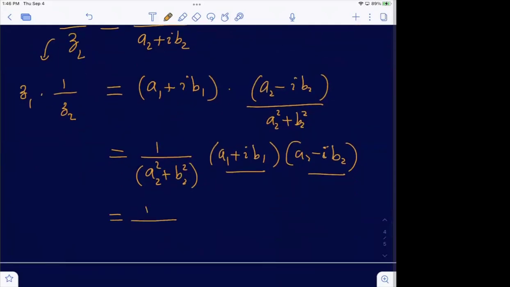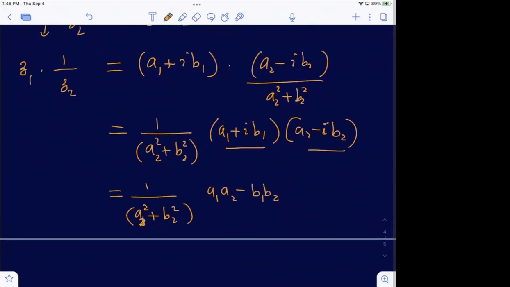Based on that, I can simply write it down. A1 square, sorry, A2 square plus B2 square. And in this component, I can just have A1 A2 minus B1 B2. In fact, it would be minus, minus, that would make it plus. And then we will have the cross terms.